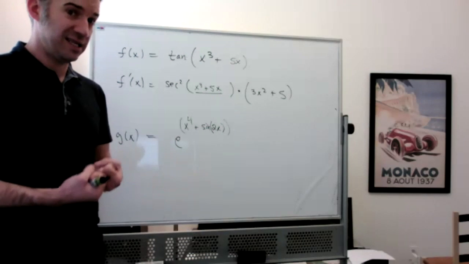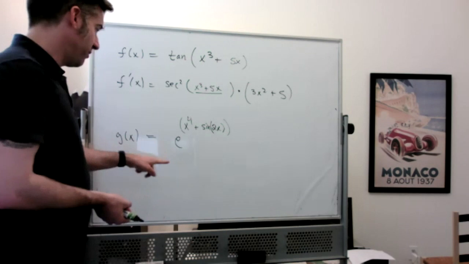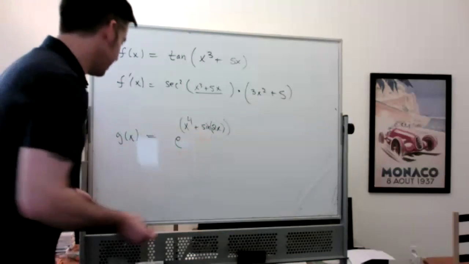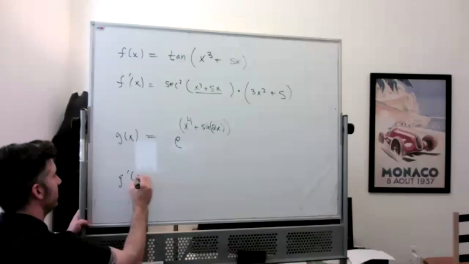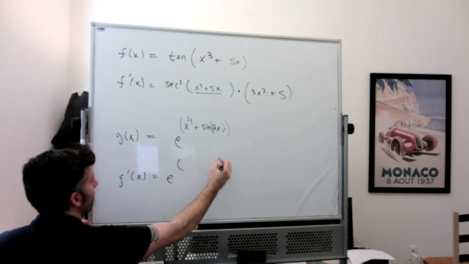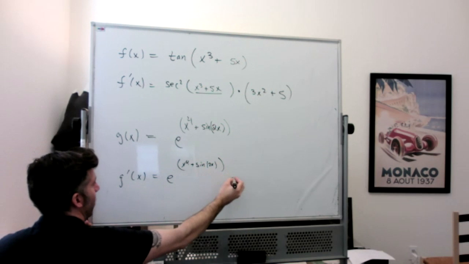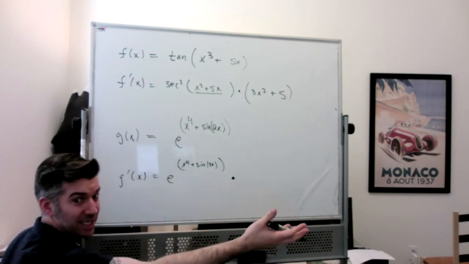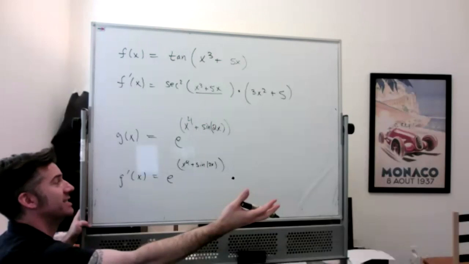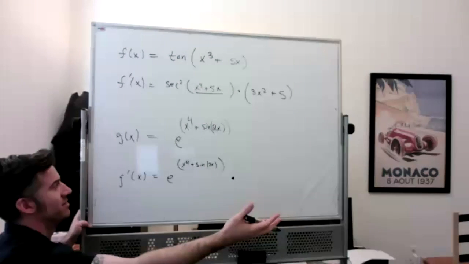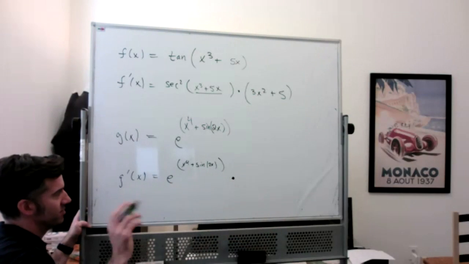So if the derivative of e to the x is e to the x, the derivative of e to the stuff is e to the stuff times what? 4x to the third plus cosine 2x.